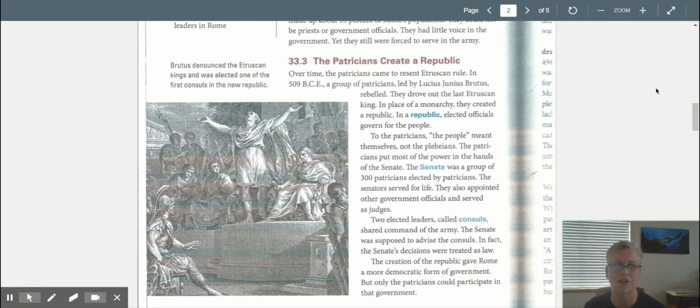So you're going to do a stick figure and label patrician on the lower part of the scale, and probably a happy face because they really like things. On the higher end will be the plebeian, probably a sad face, label it because they have no power. Then talk about the balance of power for number 2 and why was the balance of power like that. So go ahead and answer those 3 questions. You can pause here if you want, and then we're going to go on to 33.4.